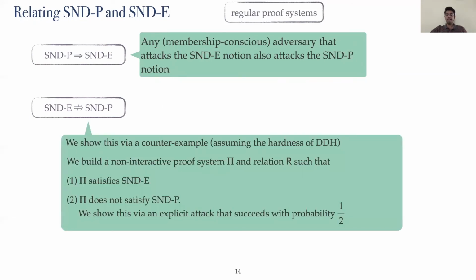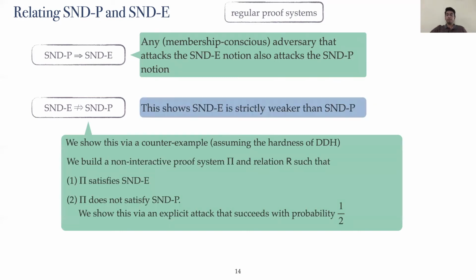More specifically, we construct a non-interactive proof system and a relation R, such that the proof system satisfies the exclusion definition of soundness, but at the same time, it does not satisfy the penalty definition of soundness. This counterexample is based on the assumption that there exists a group generator such that the decisional Diffie-Hellman problem is hard to solve in that group. This shows the SNDE definition is strictly weaker than the SNDP definition.